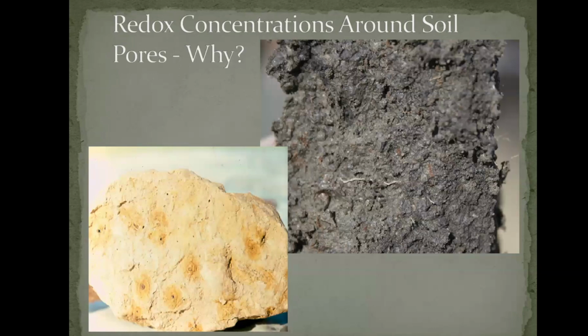So here's a couple samples, redox concentrations around soil pores. It's harder to see in the black one here, but you can see here's a little root pore with some red on it. Here's some up here. There's a few little ones, but especially on this one, this is actually a lump of soil that's platy to massive. I don't remember if we're looking top down or bottom up through it, but you see these black dots here?